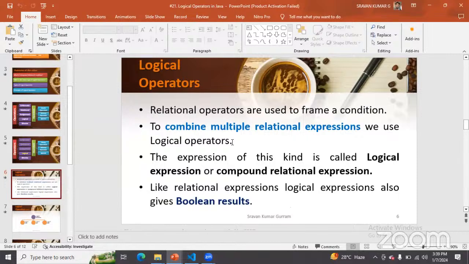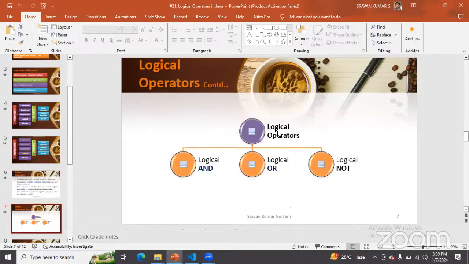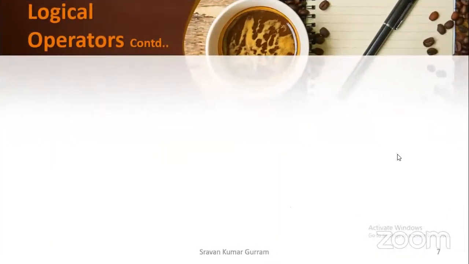I want to combine these two as a single one. For that, we use logical operators. We have three categories of logical operators: logical and, logical or, logical not.